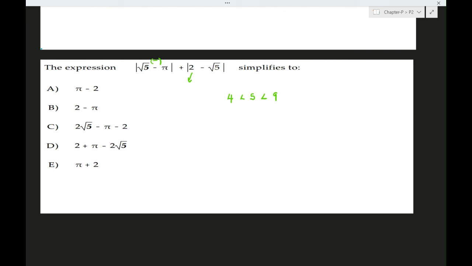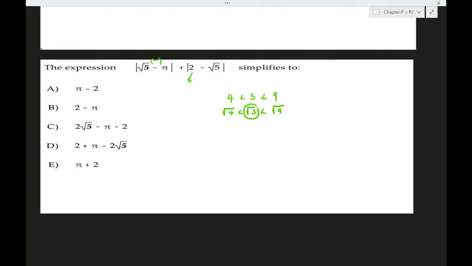So this is what we know. So we have root 5 is going to be less than this one, and this is true, because we know the root function is increasing, right?